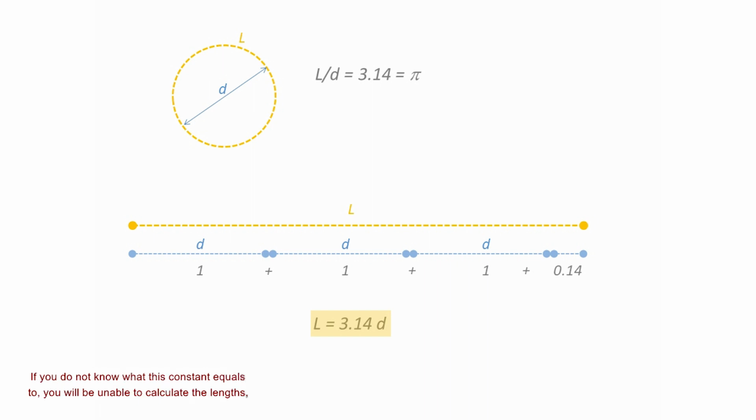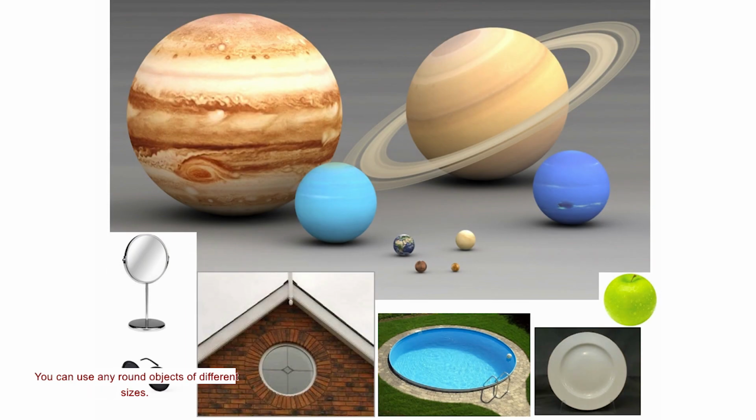If you know what this constant equals, you will be able to calculate the lengths, areas, volumes of many figures like spheres, cones, cylinders, arcs, sectors, or other round bodies.